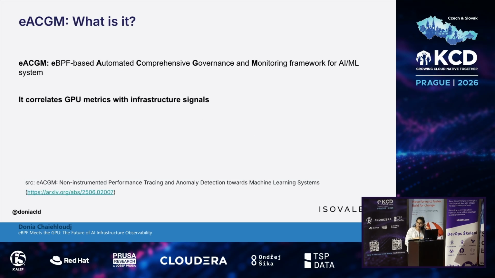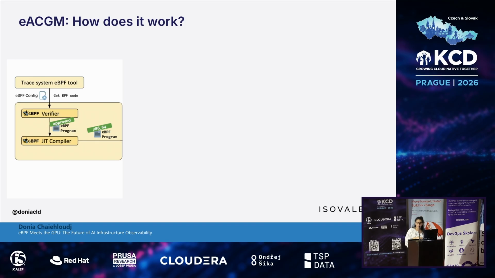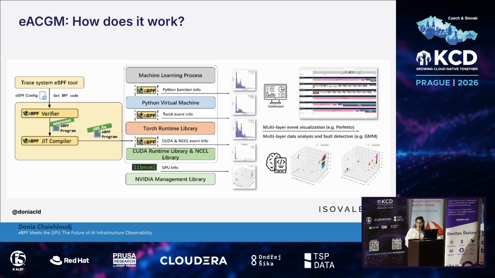And this tool I wanted to present very quickly. This is eACGM. I'm not going to read everything because that's very long, but it correlates GPU metrics with infrastructure signals. And again, there is eBPF running everywhere, like different programs hooking. And what they do in the end, which is interesting, I think, is that you're going to be able to correlate all the layers that we just showed here.